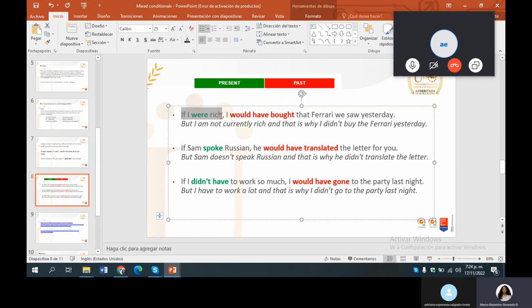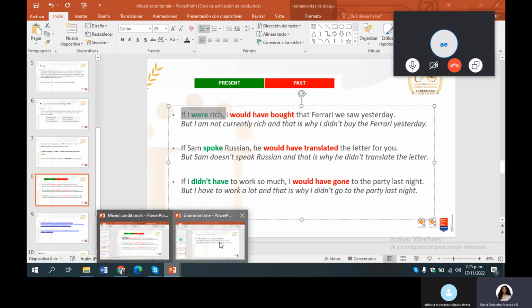If I were rich, I would have bought the Ferrari we saw yesterday. So this is in the present. Even if this verb is in simple past, this is present, because just remember when we are talking about conditionals, we use the unreal and hypothetical situation, we use the simple past, as I told you.